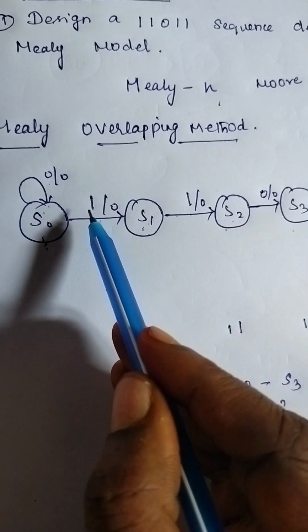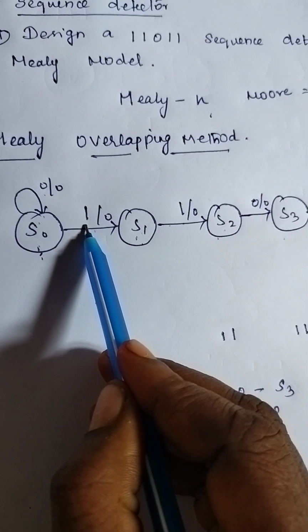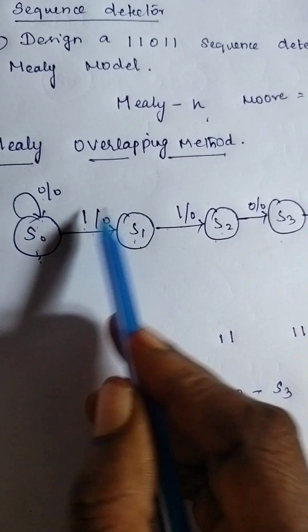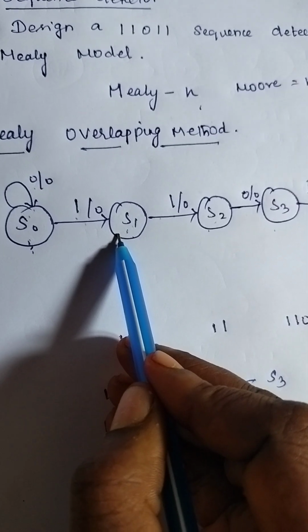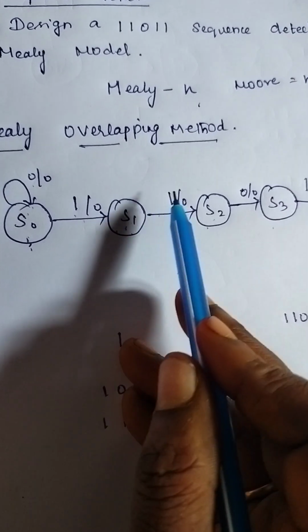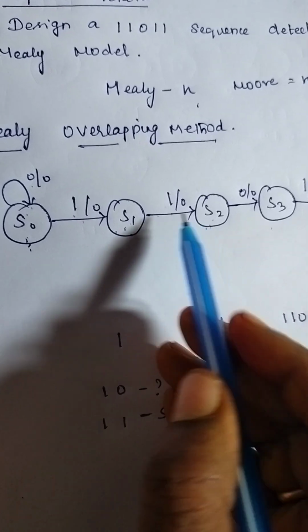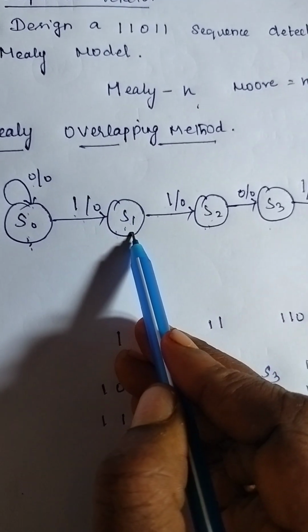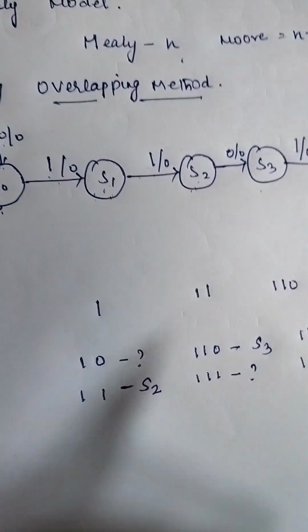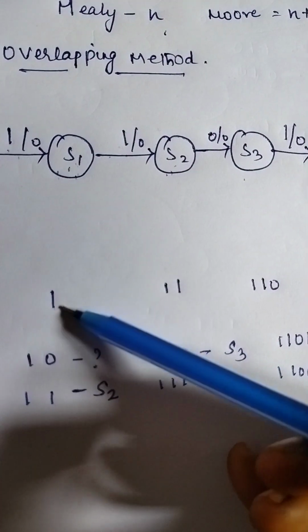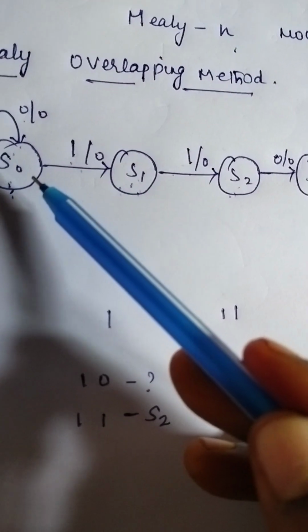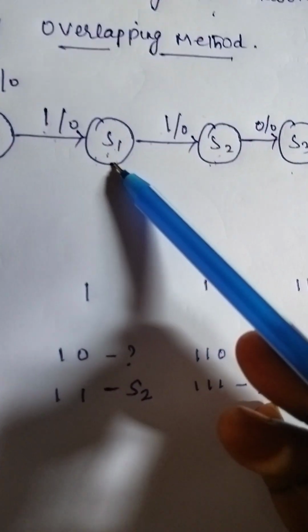Next, I got the first bit of your sequence. Next, it is in S1. Again, if your input is 1, it moves to S2. If your input is 0, where does it have to move? I've considered S1 as 1, because whenever you are in S0 and the input is 1, it moves to S1.